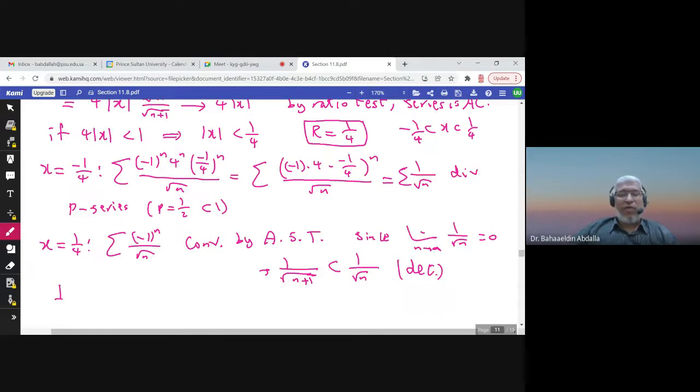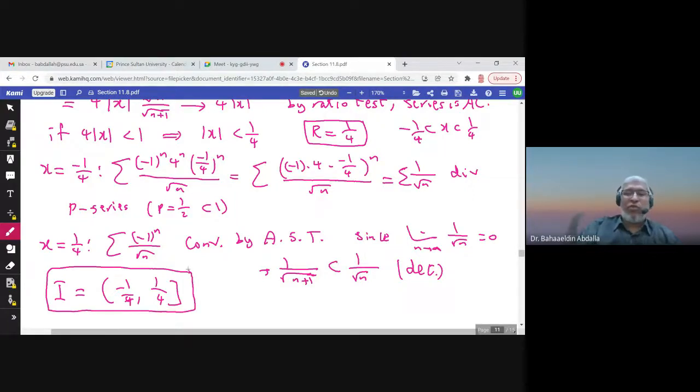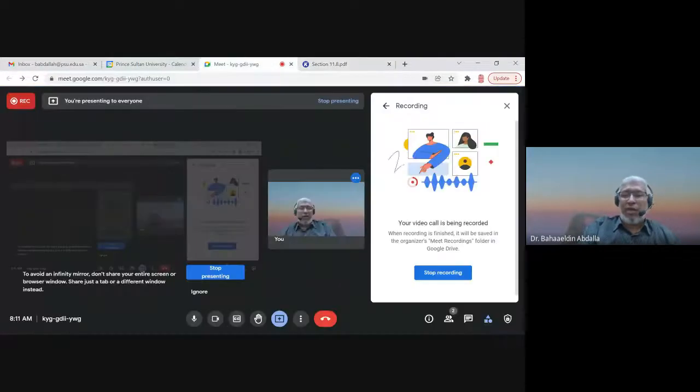So the interval of convergence is: at negative 1 over 4 it is divergent, but at 1 over 4 it is convergent. I'll stop here and continue more examples in another video.